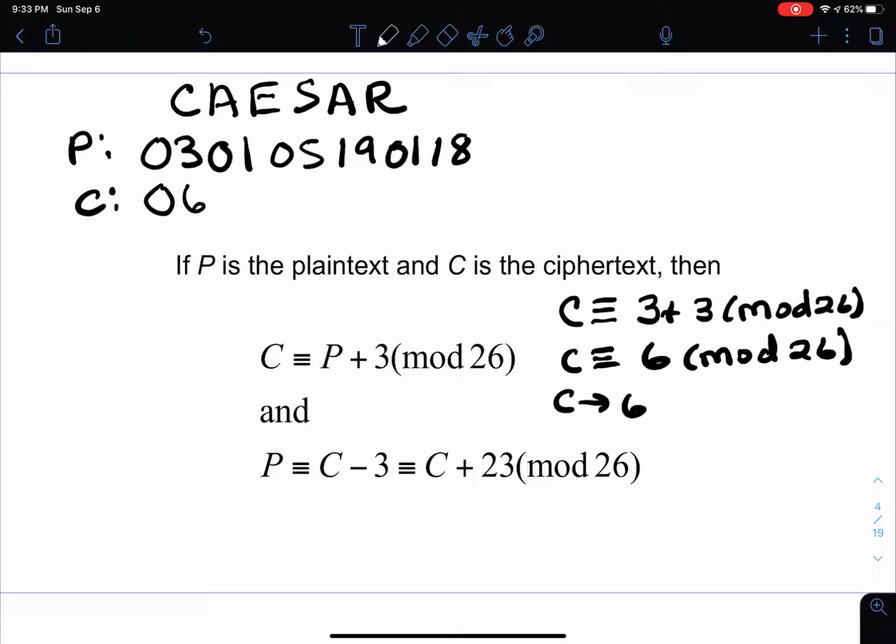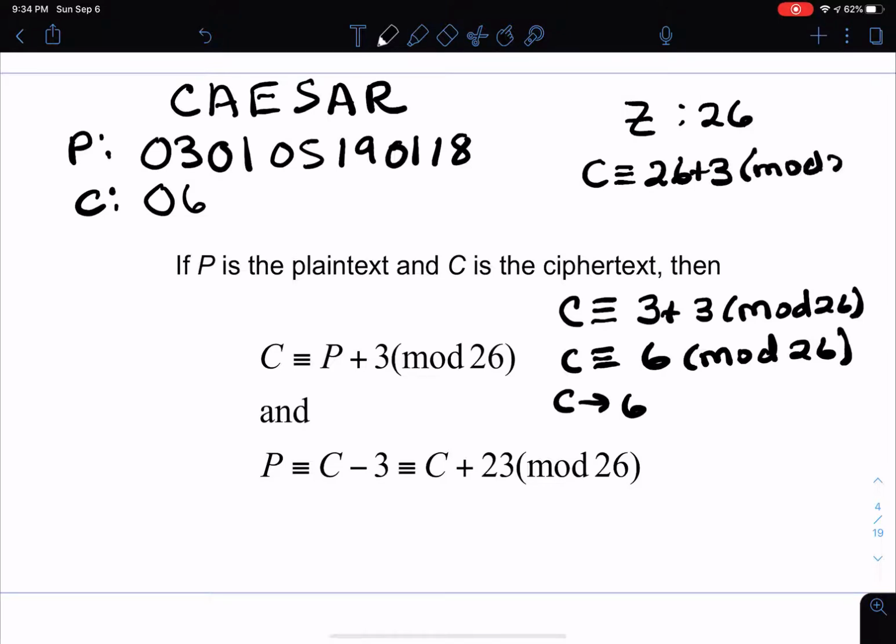And if you were trying to take Z, which is 26, and encrypt that, you would have C is congruent to 26 plus 3 mod 26. So you'd end up with C is congruent to 29, which is also congruent to 3 mod 26. And you could work with that.